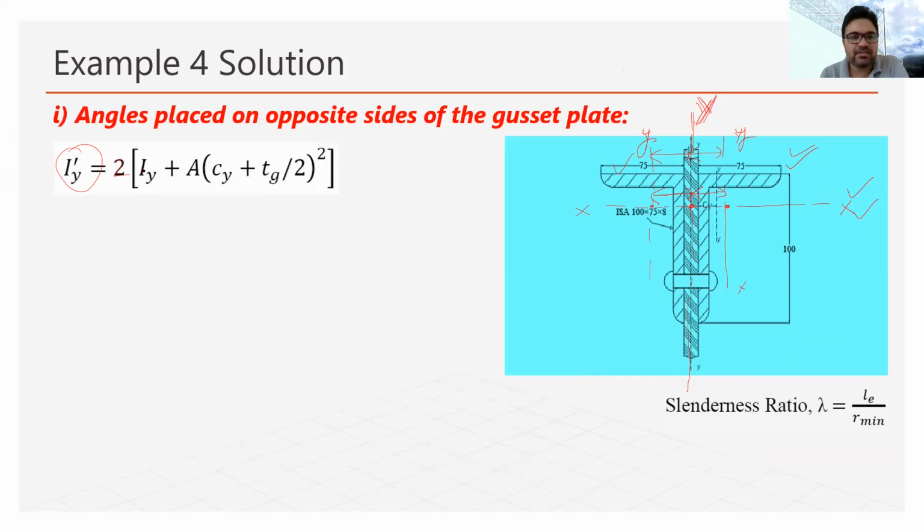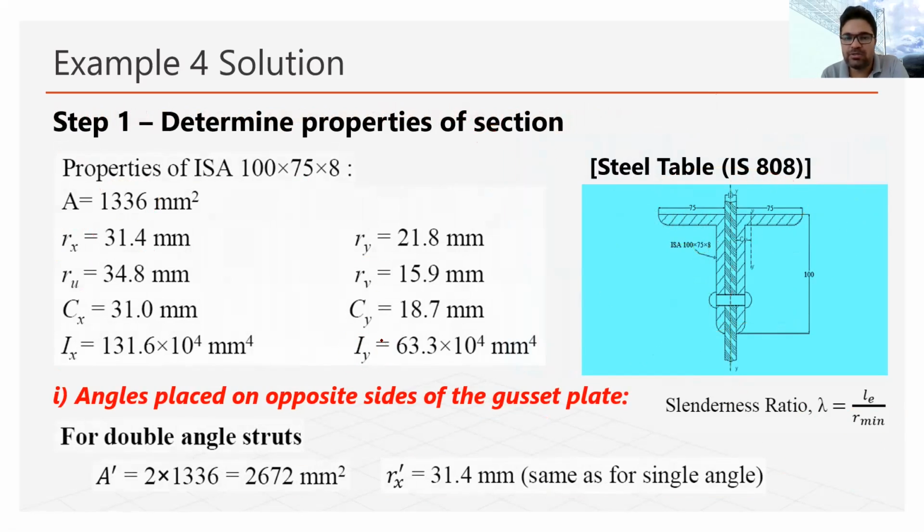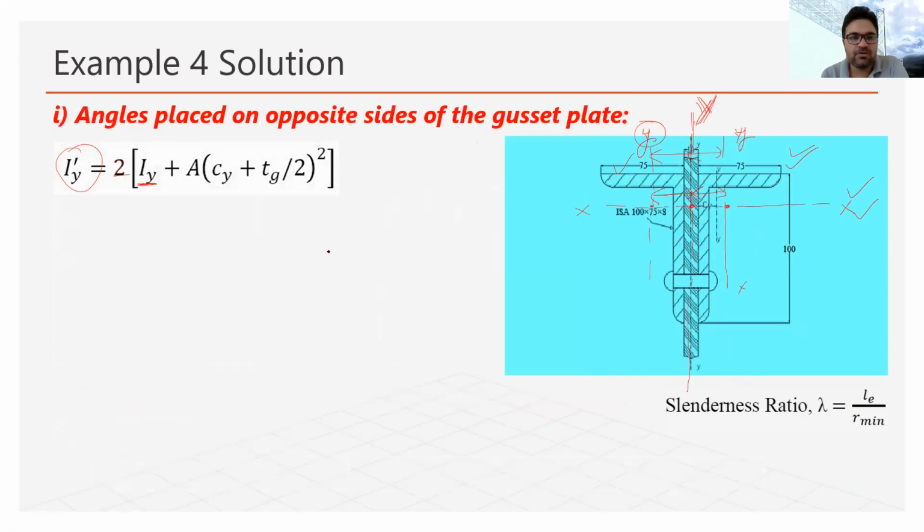For that, we are going to find the moment of inertia of the individual angle section. For the individual angle section, the moment of inertia about this axis will be Iy. We can find the direct value from the steel table. I have already written it in the previous slide, you can see here Iy. So Iy is the moment of inertia of one angle section, which we have found from the steel table, along this axis, and A is the total area of cross section of one angle.